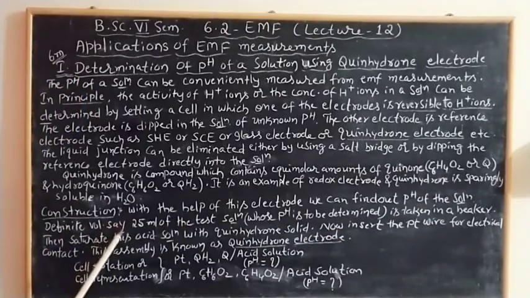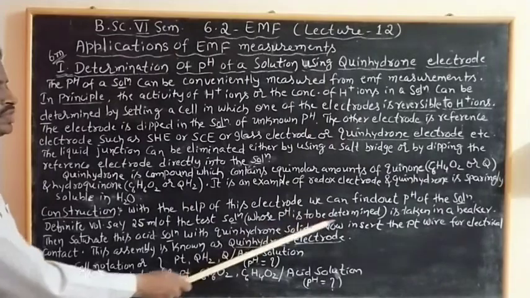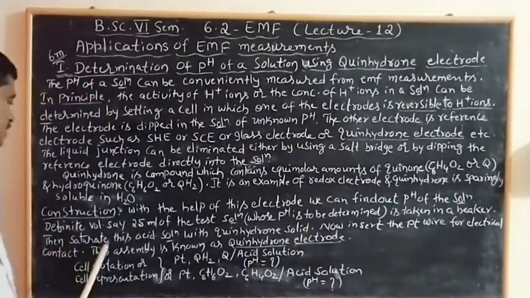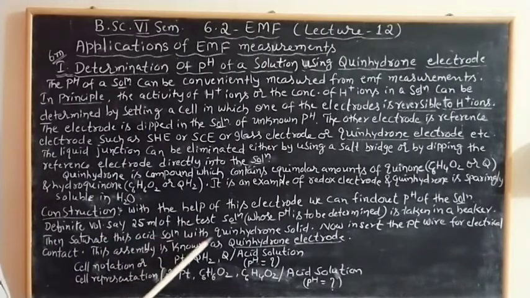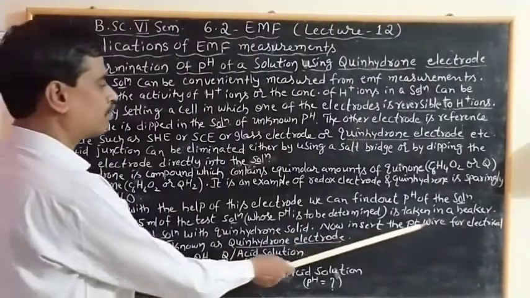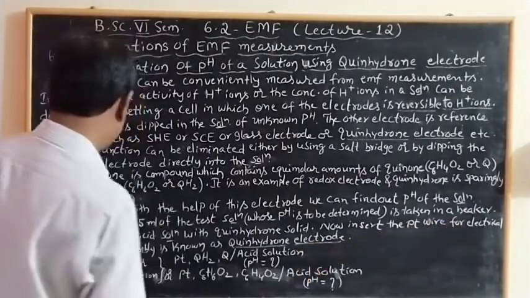A definite volume, say 25 ml, of the test solution whose pH is to be determined is taken in a beaker. Then saturate this acid solution with quinhydrone solid. Now insert the platinum wire for electrical contact.